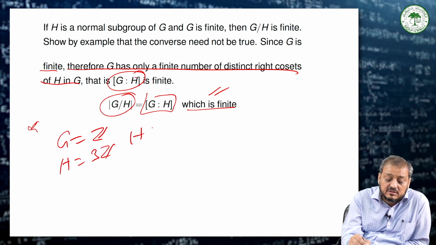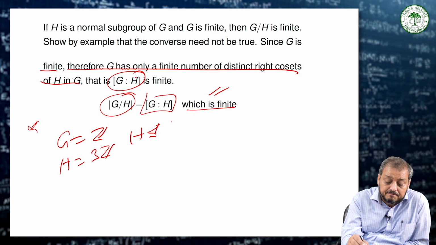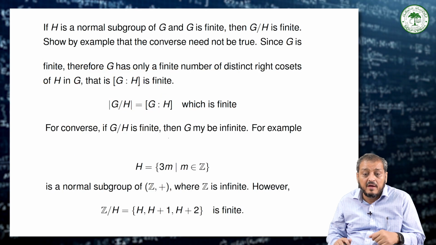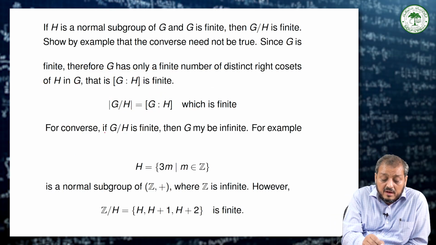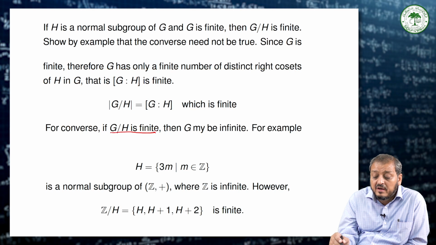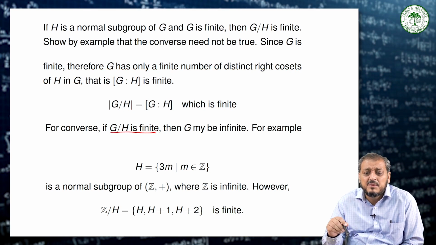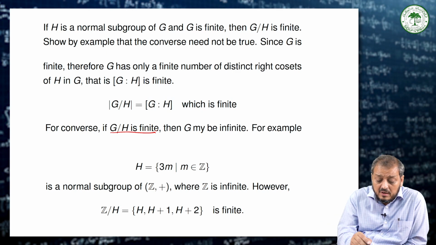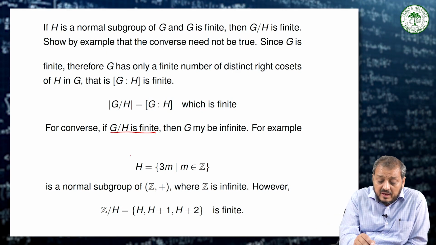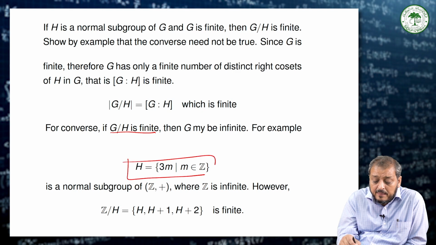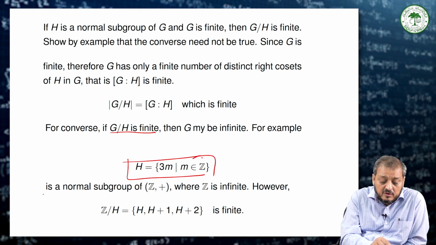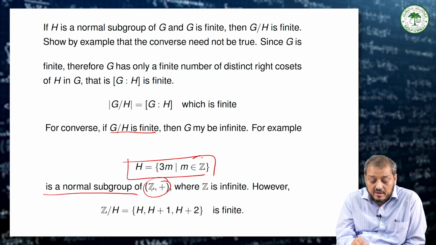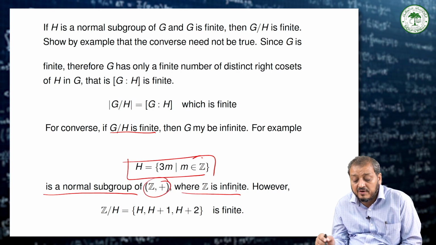Then clearly H is normal in G. If G by H is finite, then G may still be infinite. For example, if H is of the form 3m, where m is an integer, it is a normal subgroup of Z under addition, where Z is infinite.